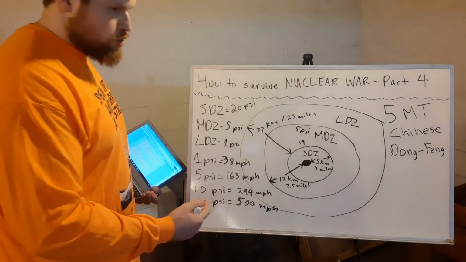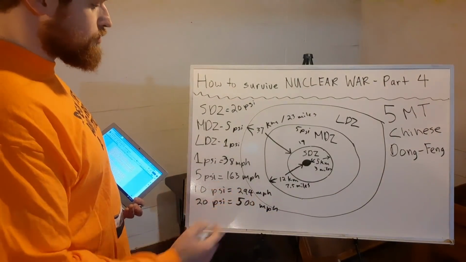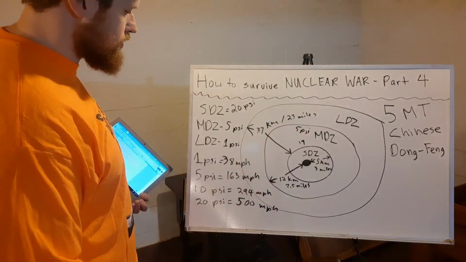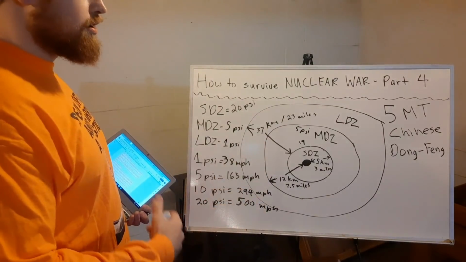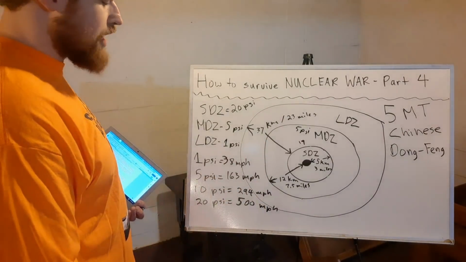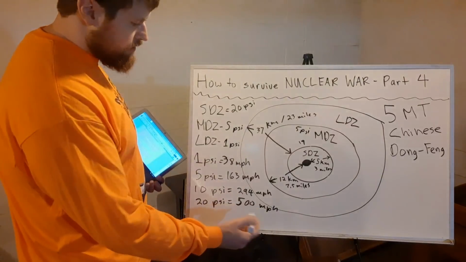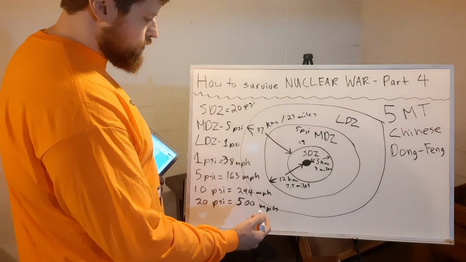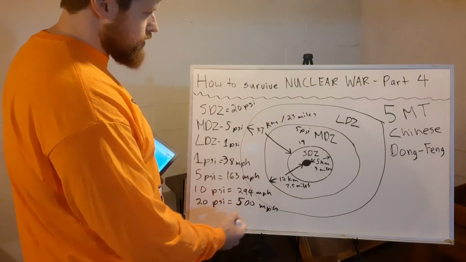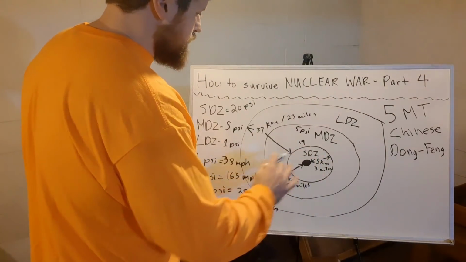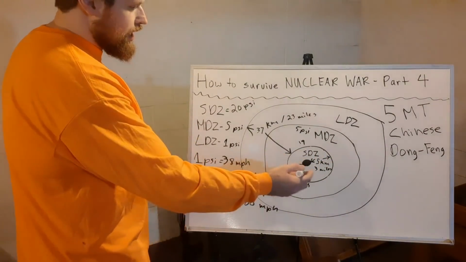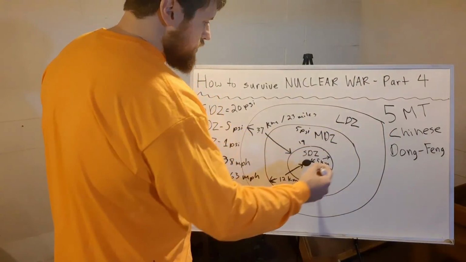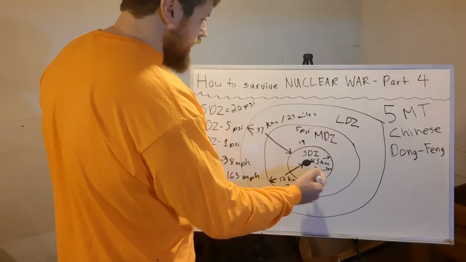That's stronger than an F5 tornado, whatever the scale is, the strongest tornado, which is like 300 miles an hour. You're talking about double the wind speed of the most powerful tornadoes ever recorded. So severe damage zone is a very bad area to be. But again, with a 5 megaton warhead, you're talking about only 3 miles out.